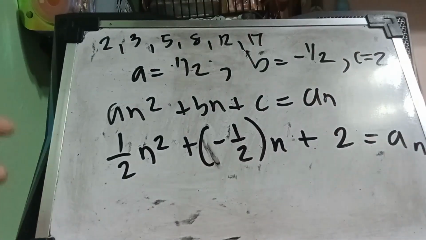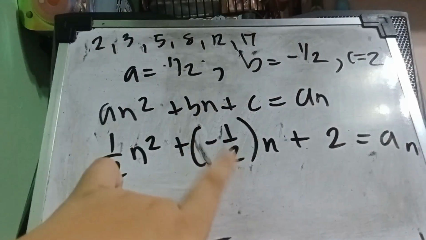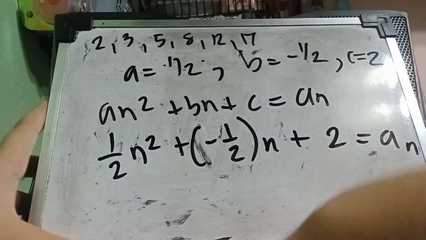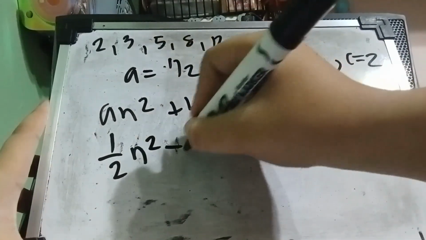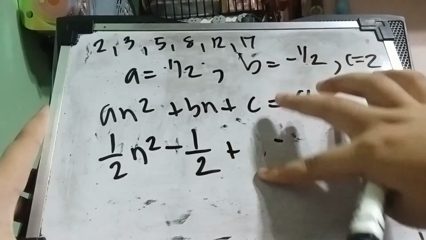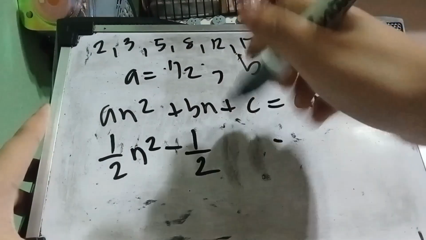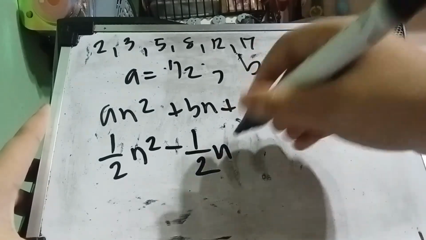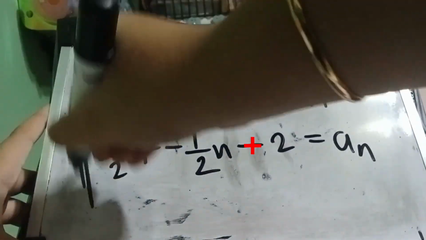So, ito yung general term natin. We can just shorten it and write it as 1 half n squared minus 1 half n plus 2 is equal to a sub n. That's our general term.